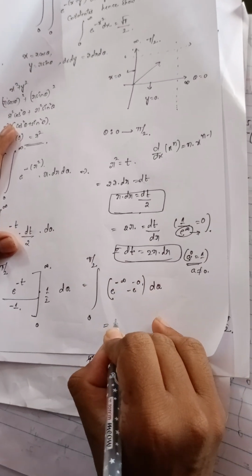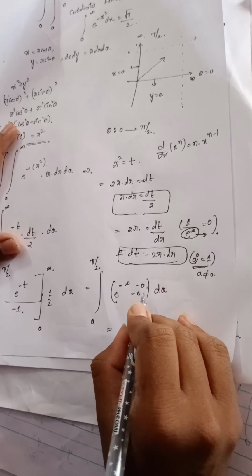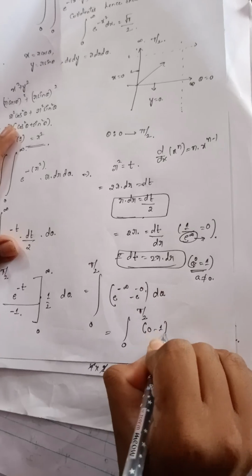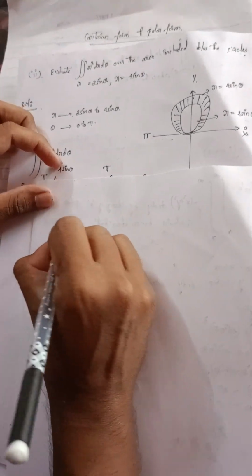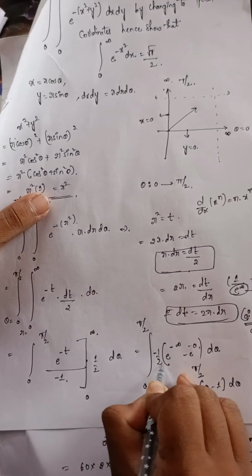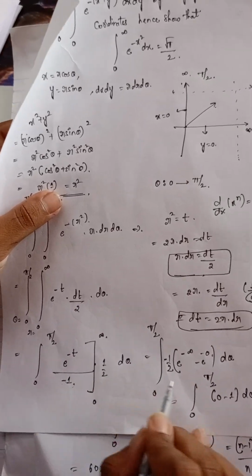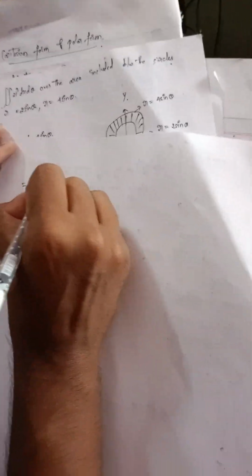Now listen, which is integral 0 to pi by 2. So this is 2 and this is 1. So 0 minus 1 into d theta. Now we will have a look on this. Listen carefully. So now here we have minus 1 by 2. So minus 1 by 2 has to be taken out.